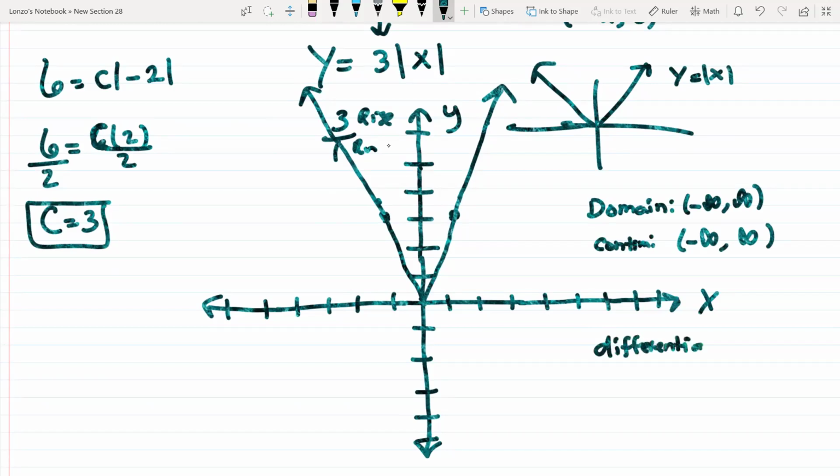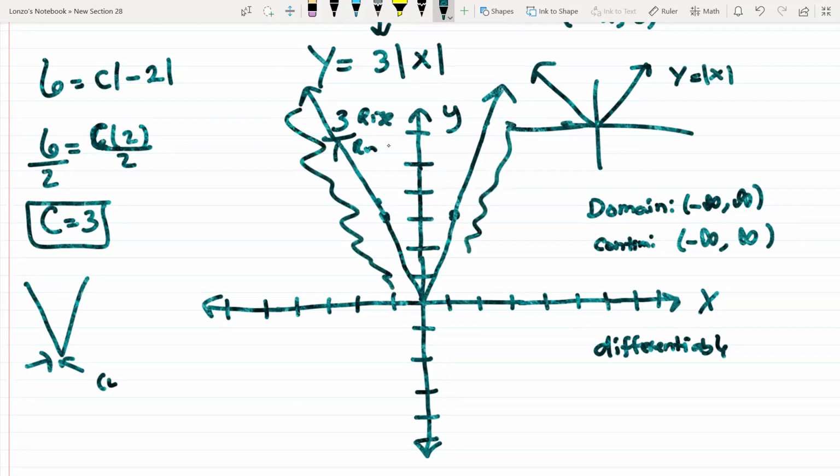How do you determine where it is differentiable? You cannot have any cusp, and this is a cusp. So it can't be differentiable in this area. So you could say it's differentiable in this region and then here. That would be from negative infinity to 0, union 0 to infinity.